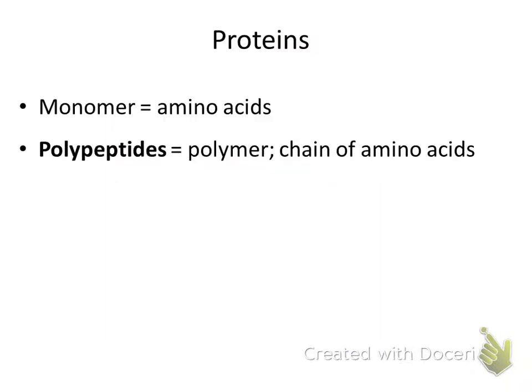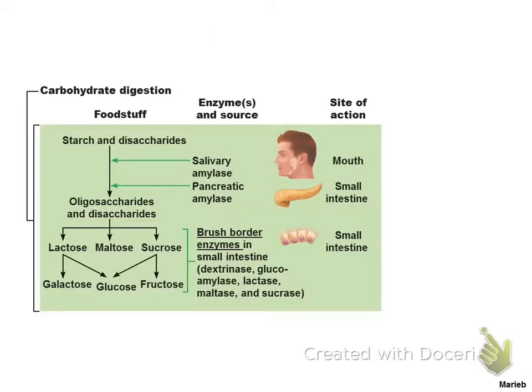You also need to know where your enzymes are coming from. So like if we go back to carbohydrates, notice where their chemical breakdown begins. In the mouth, the oral cavity. So if instead I told you that somebody ate a donut for breakfast, where would that chemical breakdown begin? In the oral cavity.